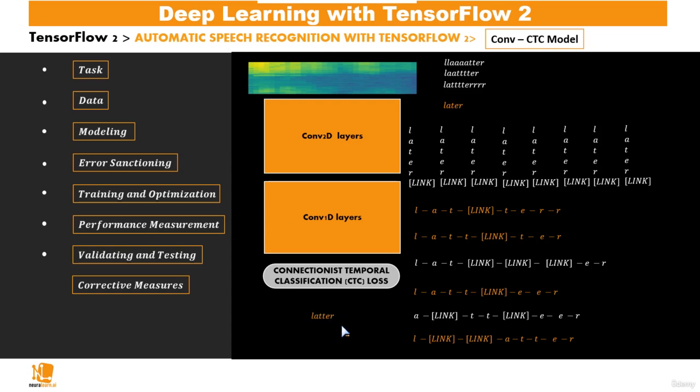And this is possible because whenever we have our output, if we have this A's like this, we could join this to form one A. Also, we use the fact that we have this link token which separates joint letters, like in the case where we have double T like this, we could use a link to separate this T from this T.